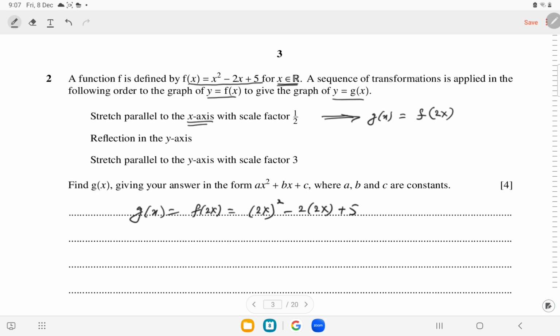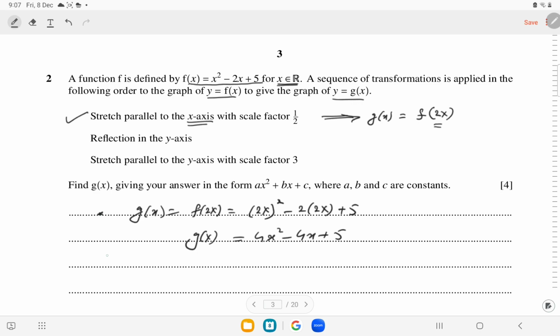Simply replace every x within f of x with 2x. So what comes as result? It is 4x square minus 4x plus 5. This is g of x, that is f of 2x. The first case is done.